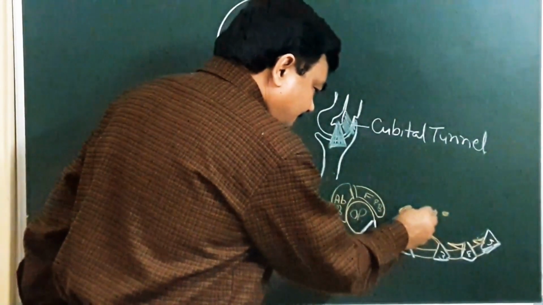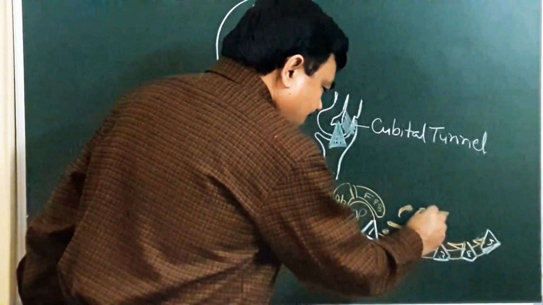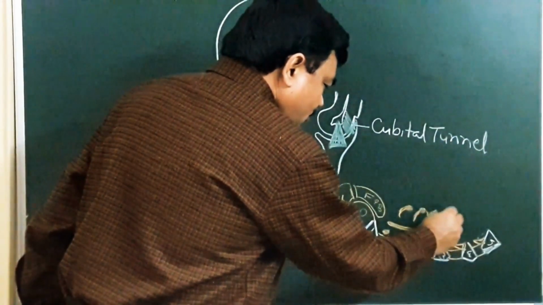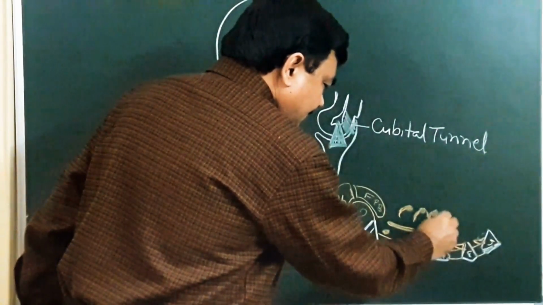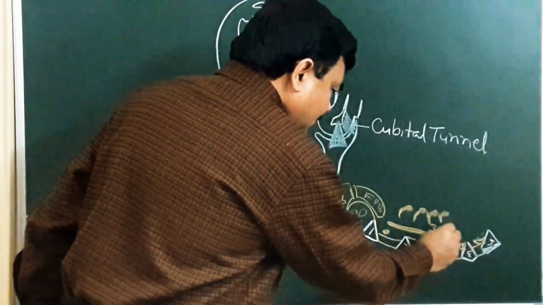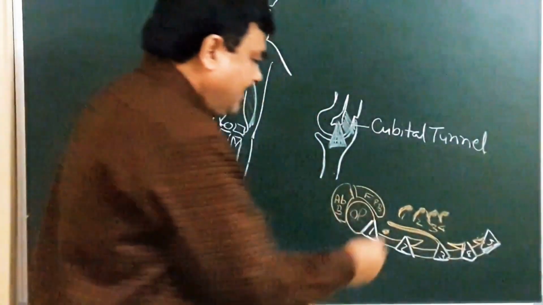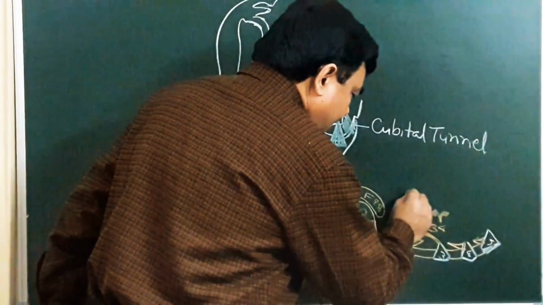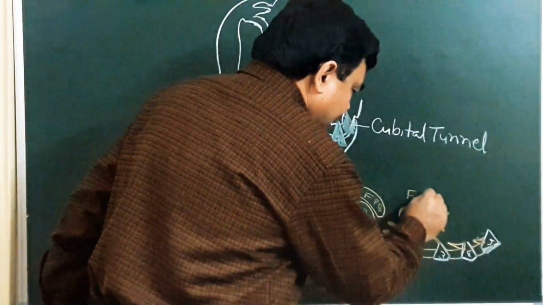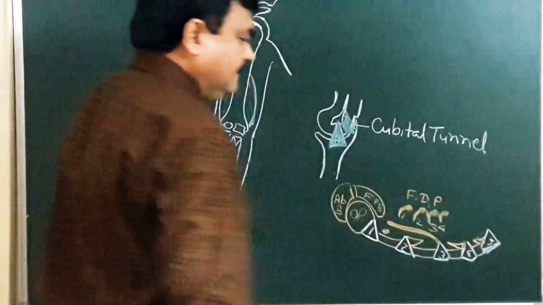Here is the second lumbrical, here is the third lumbrical, and this is the fourth lumbrical. These are the tendons of flexor digitorum profundus.